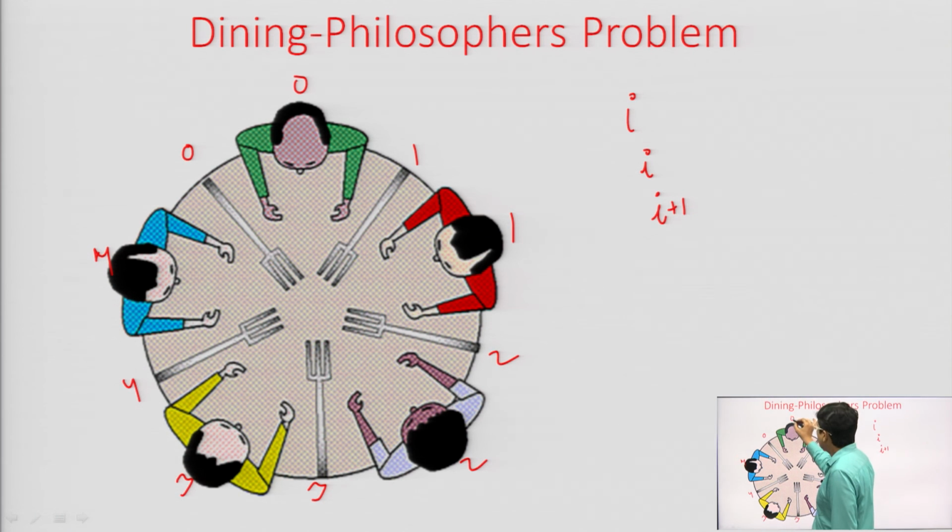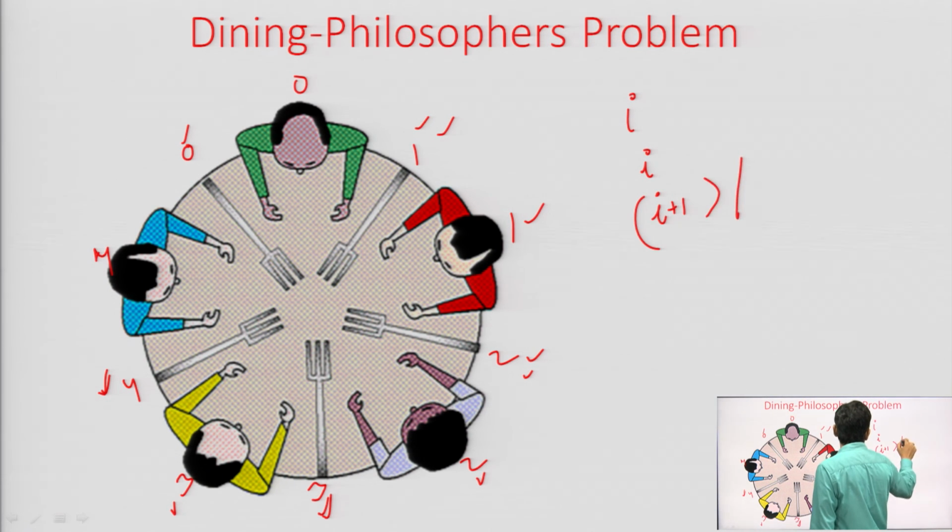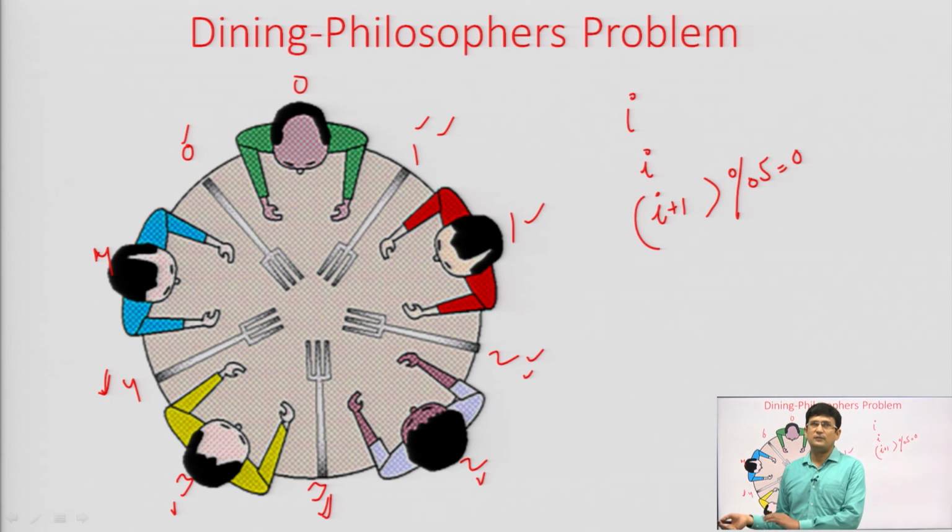If the philosopher is 0, the left fork is 0 and the right fork is 1. If this is 1, the left fork is 1 and the right fork is 2. If it is 2, the left fork is 2 and the right fork is 3. If this is 3, the left fork is 3 and the right fork is 4. If this is philosopher number 4, the left fork is 4 and the right one is not 5, it is 0. So, we should apply a modulus with 5, which will give 0 for philosopher number 4, and the other values required for the other philosophers.